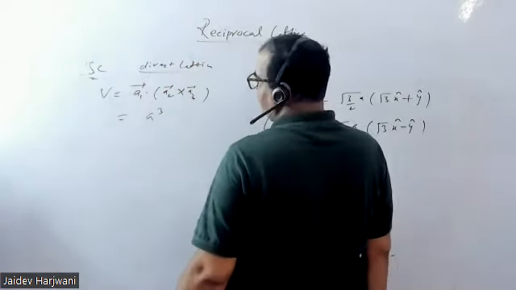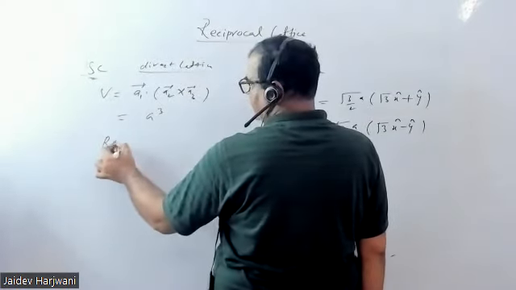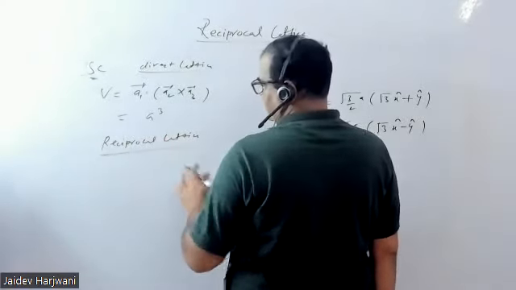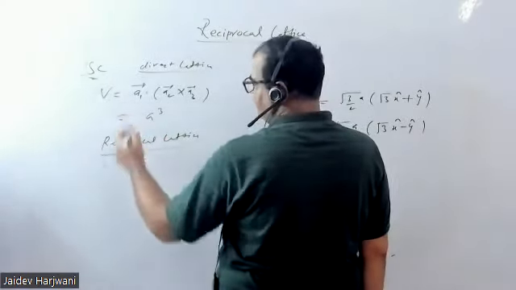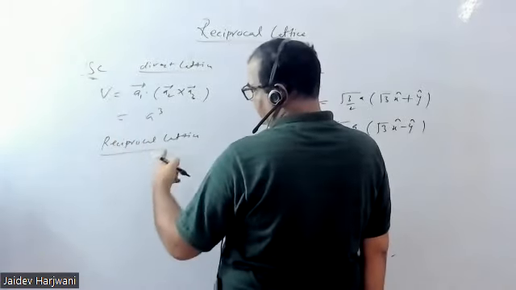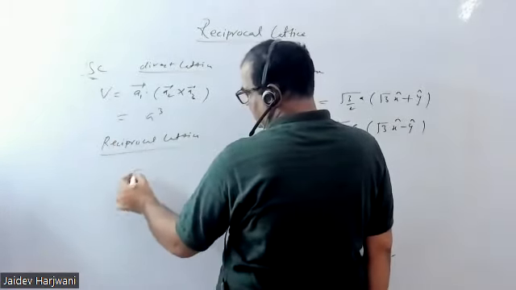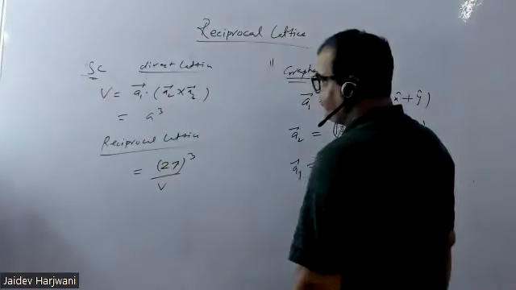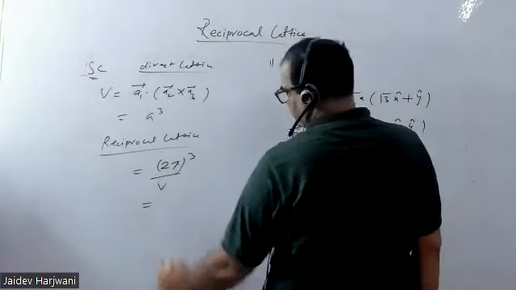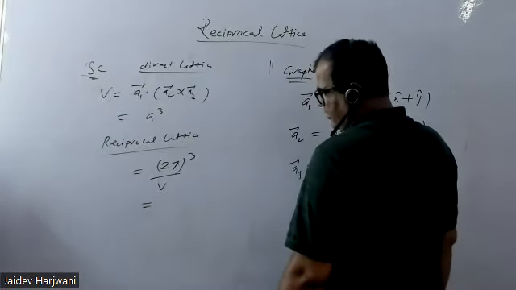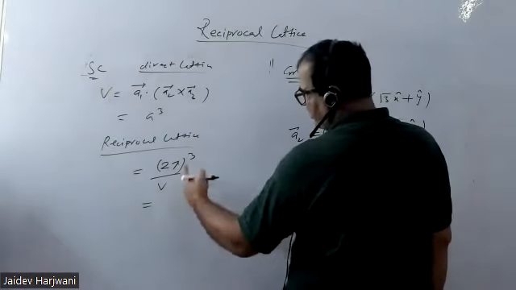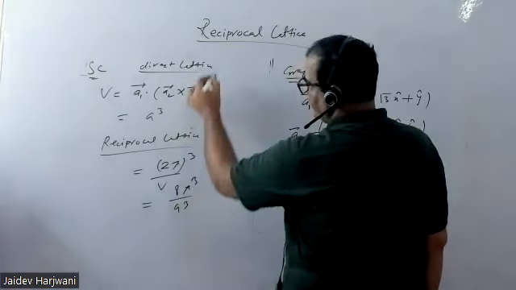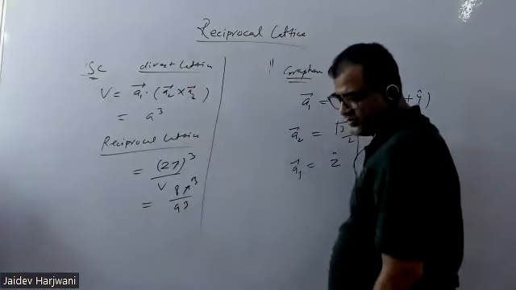Similarly, if you calculate the volume for the reciprocal lattice, you know the relation between the two: the volume of the reciprocal unit cell is given by (2π)³ upon V. So the volume of the primitive unit cell will be (2π)³, that is 8π³ upon A cube for simple cubic in reciprocal space.